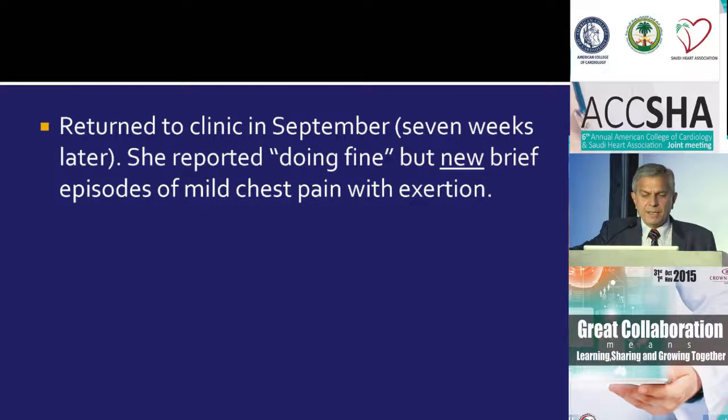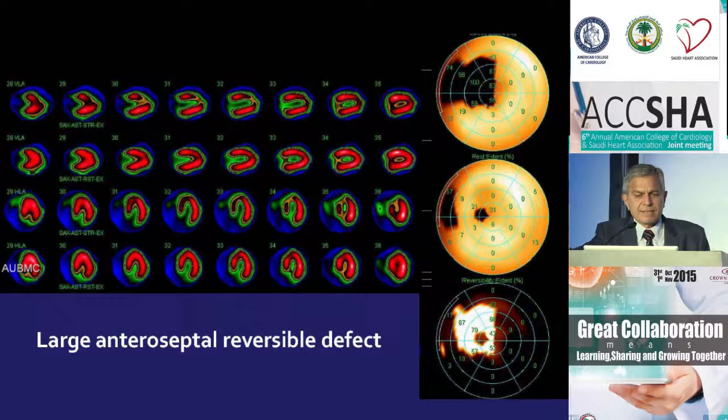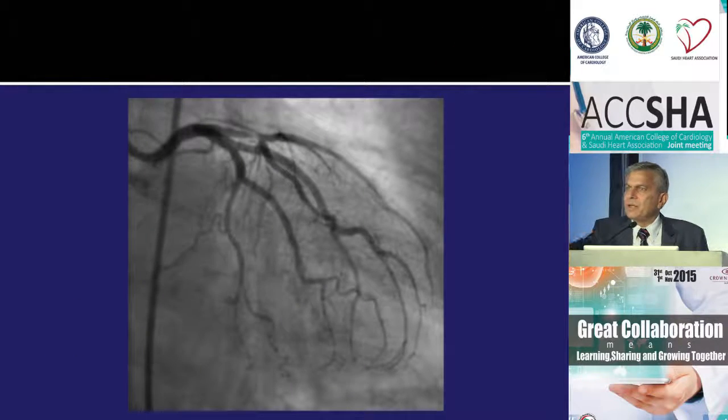We did this stress test, stress thallium, and it showed a large anteroseptal reversible defect. Okay, so how many of you would think that that lesion that I showed you 7 weeks earlier was significant? Versus how many would think that there was progression of disease? So, significant lesion to begin with.